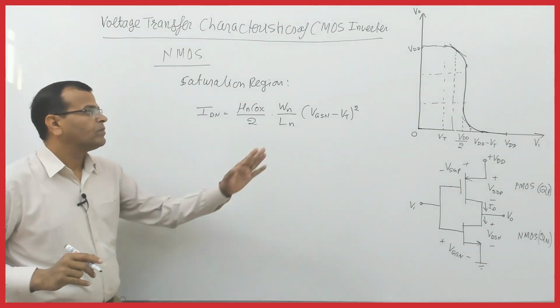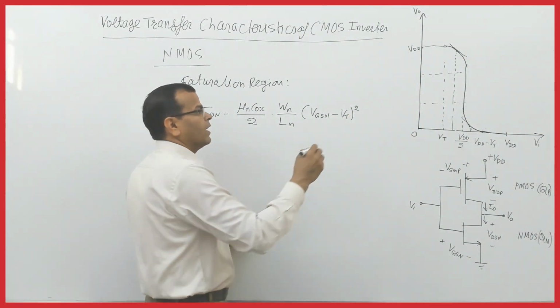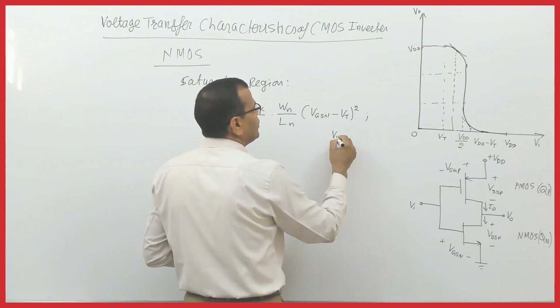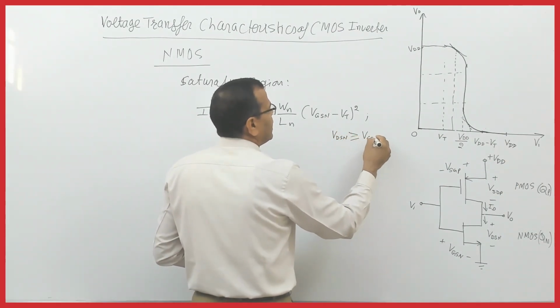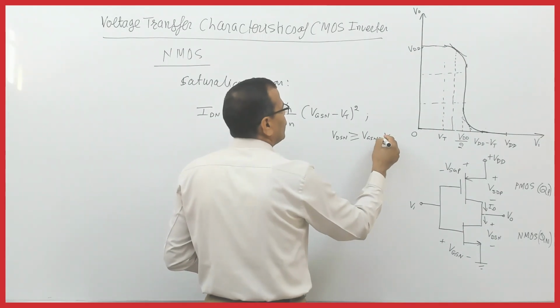Fine. What is the range? Range or condition, you can say, condition is VDSN should be greater than or equal to VGSN minus threshold voltage.